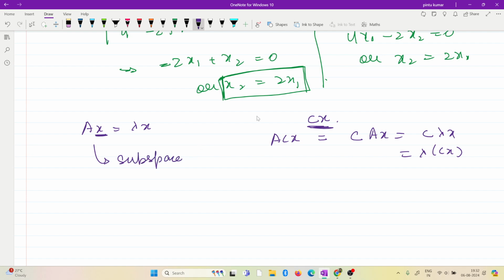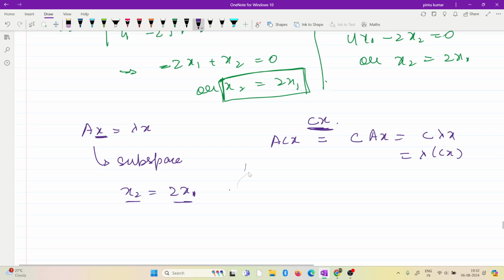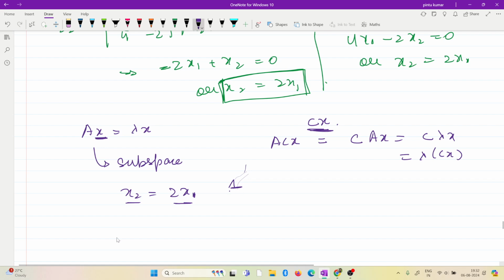Again, you can calculate the dimension based on the number of independent choices. For example, here you had x2 is equal to 2x1. So you can only pick one of these two, right? The other one gets fixed. So the dimension is 1. When you are asked to write an eigenvector, you can write any one element of this subspace, and the others would be generated by this only.